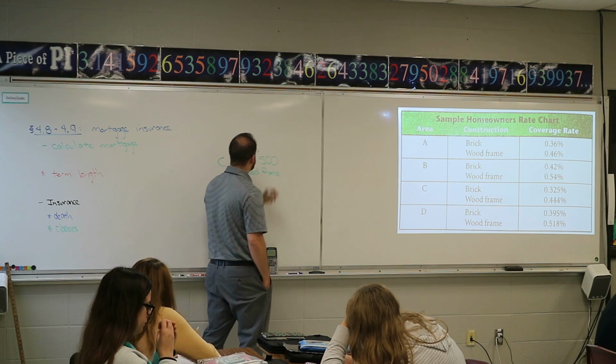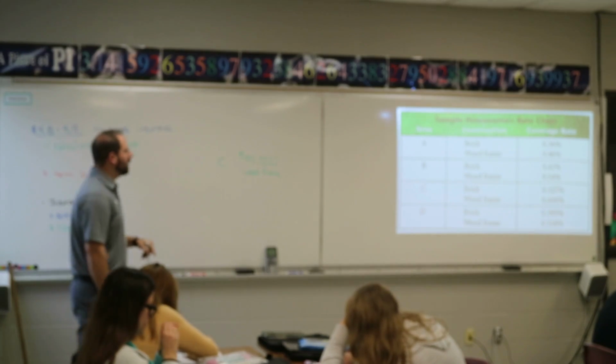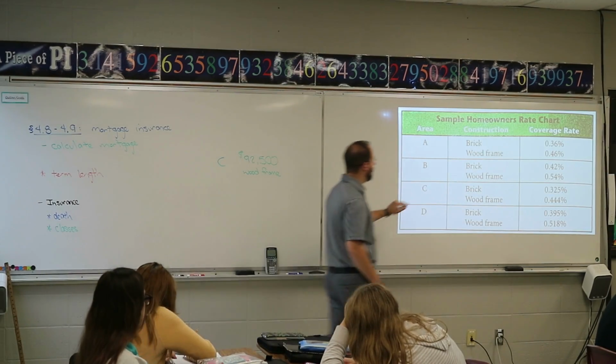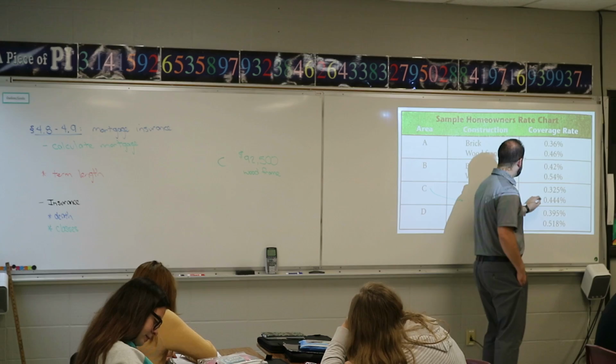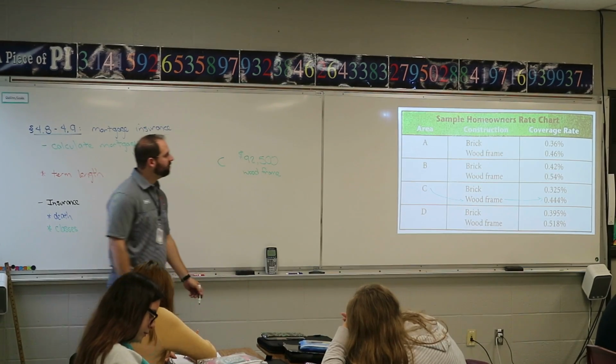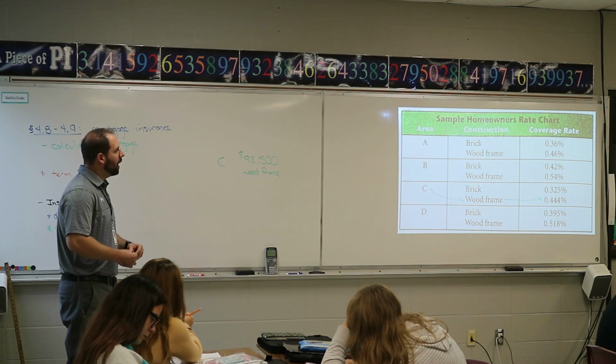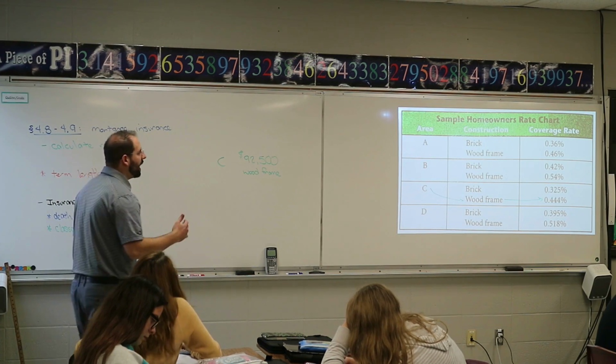By knowing what level you are and what your house is made out of, the policy will automatically tell you what your insurance is per month, the coverage rate. So that 0.444% is your coverage for that month.